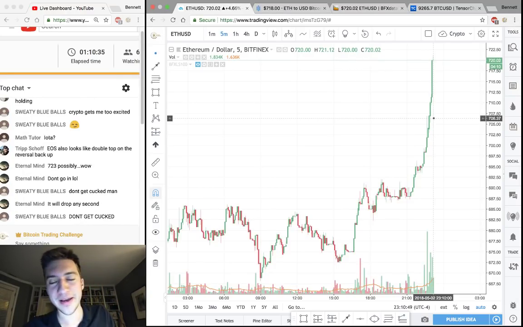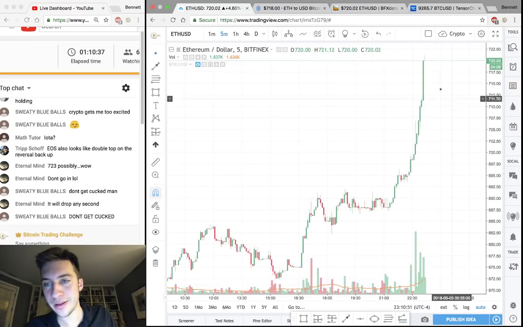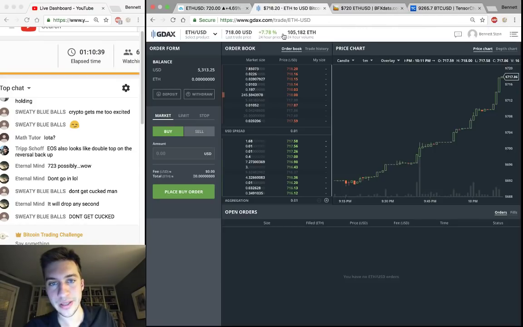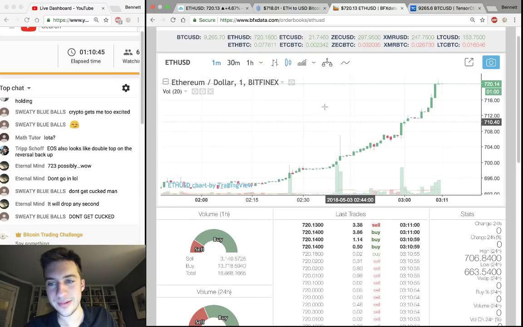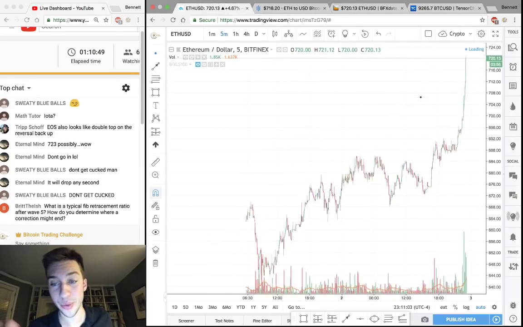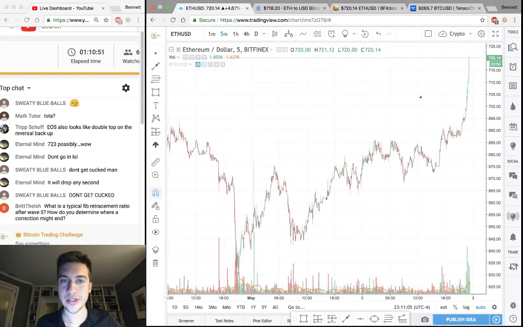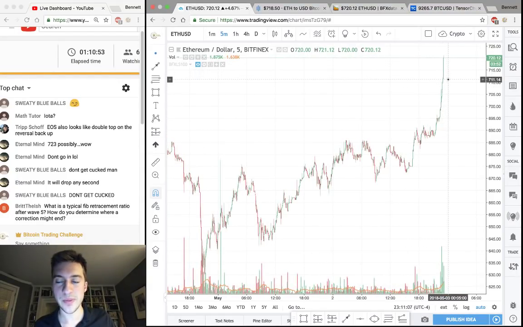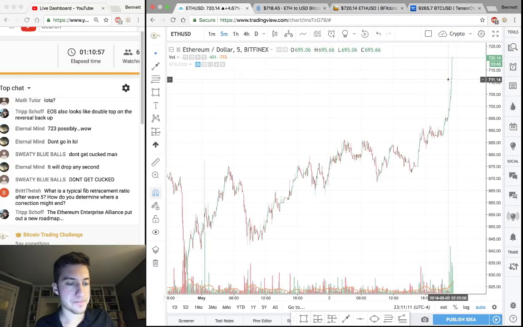No, I'm not going to market buy or even limit buy in. I could limit buy into this pretty easily and get in at like 718. But we need to wait for a retracement. Like I said, this is actually good news, even though we're not even in the trend, because if we begin to see a weak retracement, we can buy into that weak retracement, and demand will continue to go up.